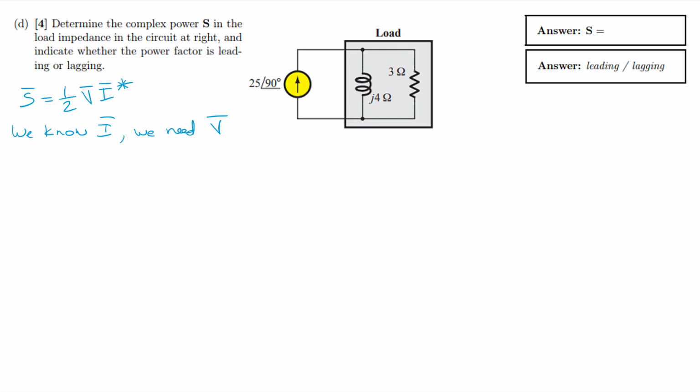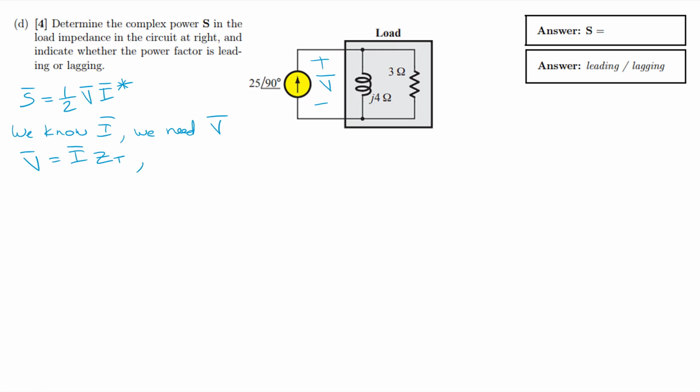So we have to calculate what the voltage is across here. How do we do that? Well, we could use the complex form of Ohm's law, where the voltage is equal to the current times the total impedance. I've called it ZT.